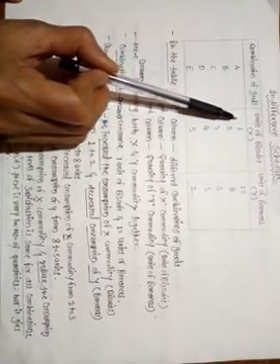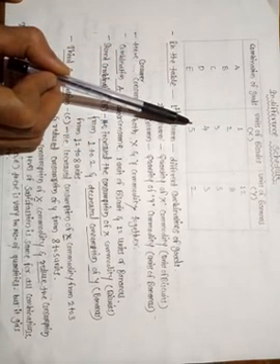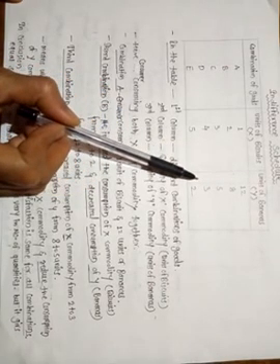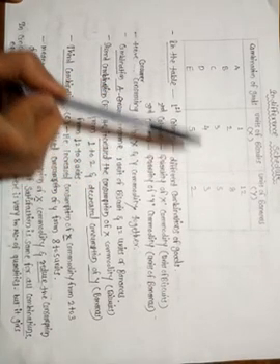Means if we increase the consumption of the X commodity and decrease the consumption of the Y commodity, then the level of satisfaction is the same for all the combinations.